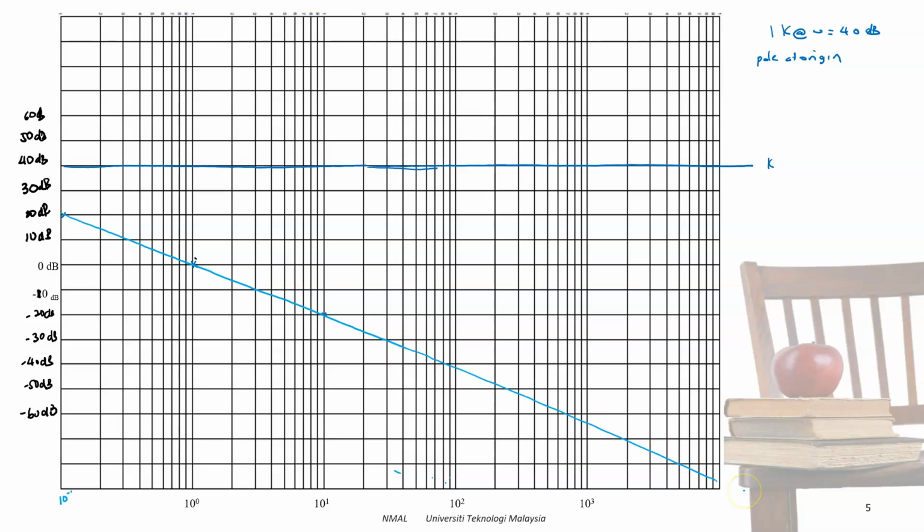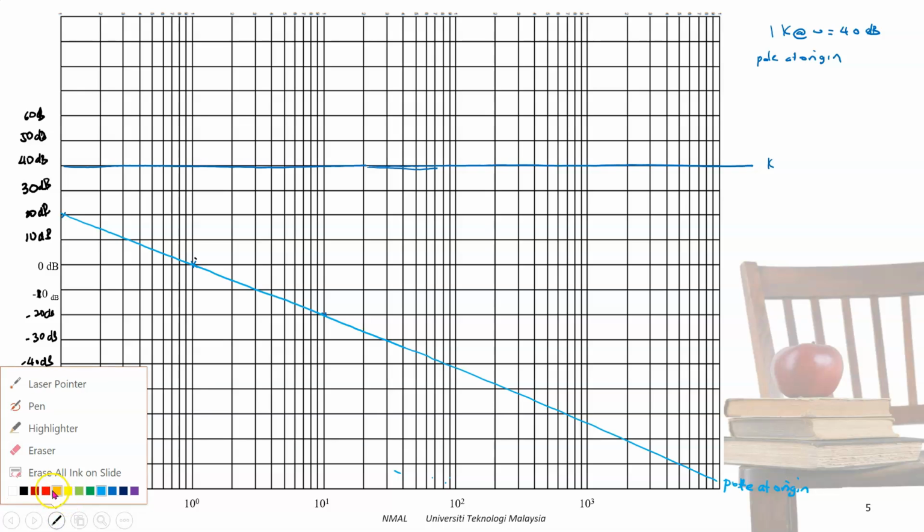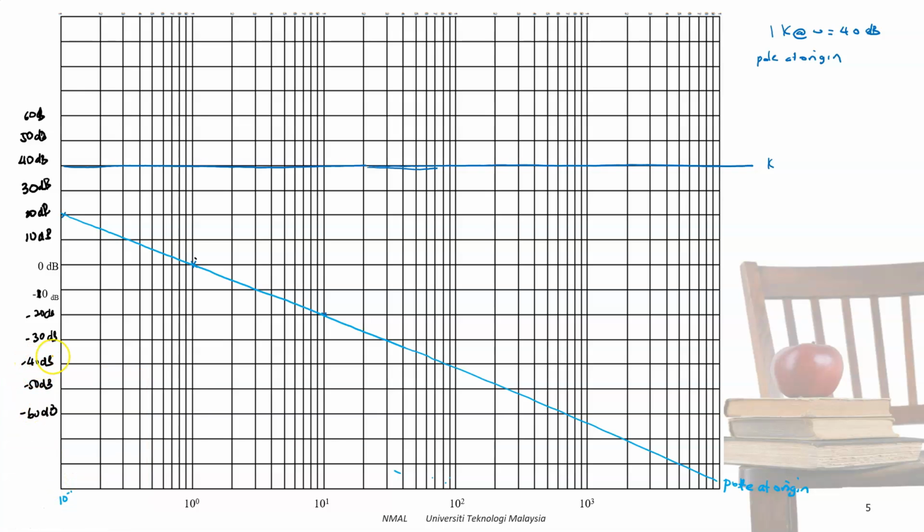Then you just continue the line. This is the pole at origin. The next one is the pole at omega equal to 0.5 first. So we have 0.1 here, 0.2, 0.3, 0.4, and 0.5.